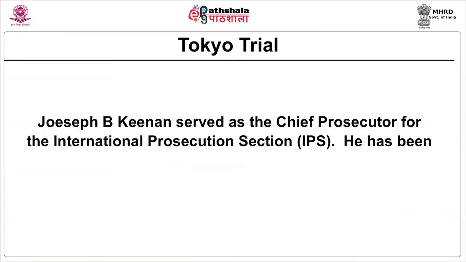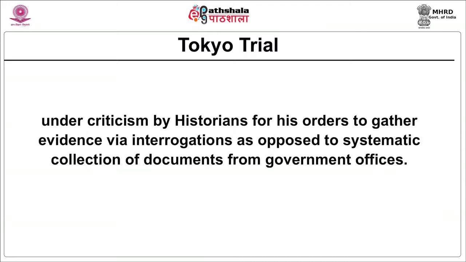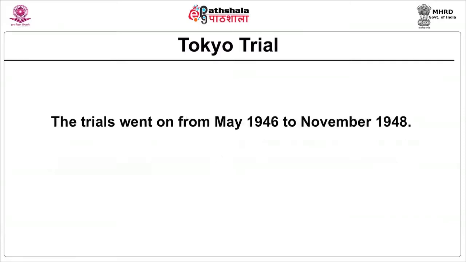Joseph Keenan served as chief prosecutor of the International Prosecution Section of the tribunal. He has been under criticism by historians for his orders to gather evidence via interrogations as opposed to a systematic collection of documents from government offices.